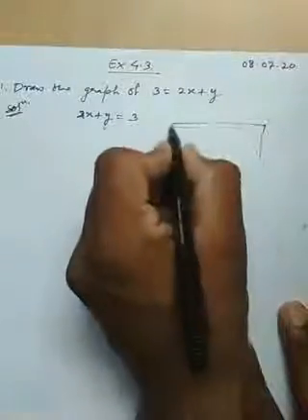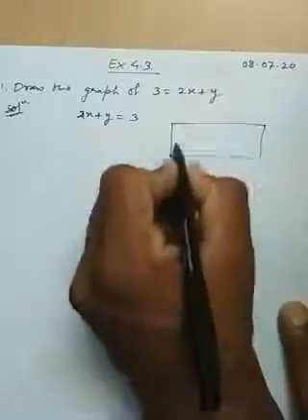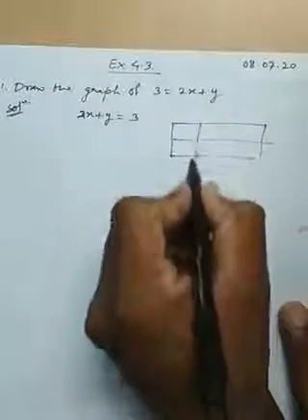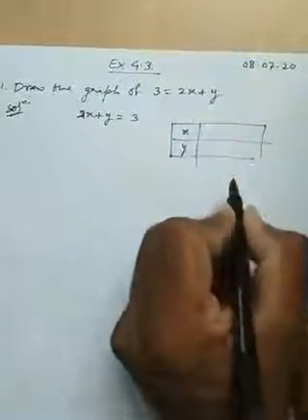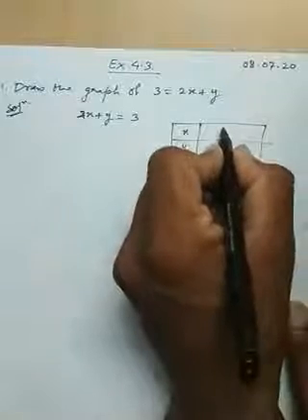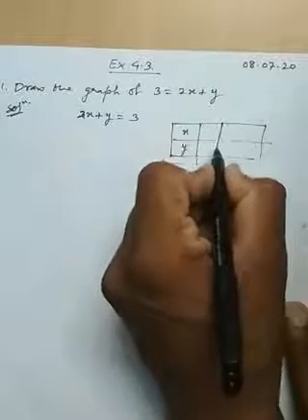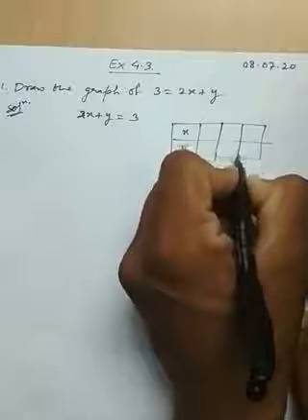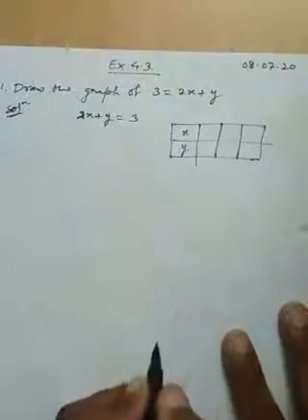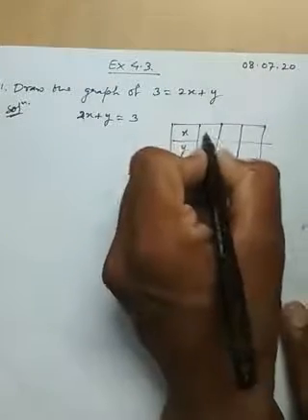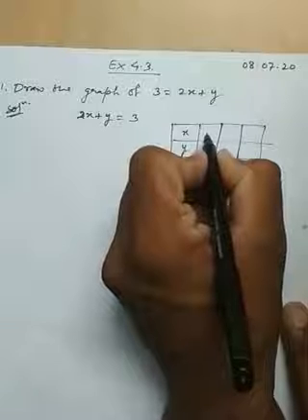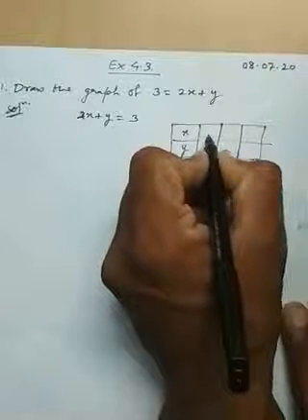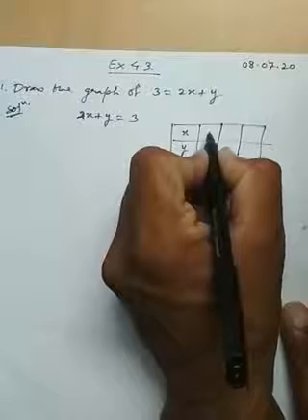So, to find the solutions, make a table for x and y, and we should find a minimum of two solutions. If we put values of x as our choice, then we will get the corresponding value of y.